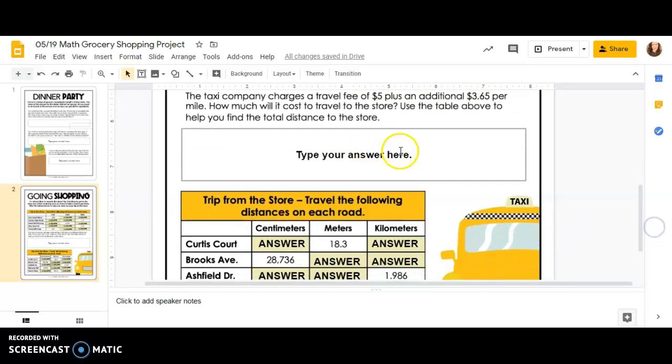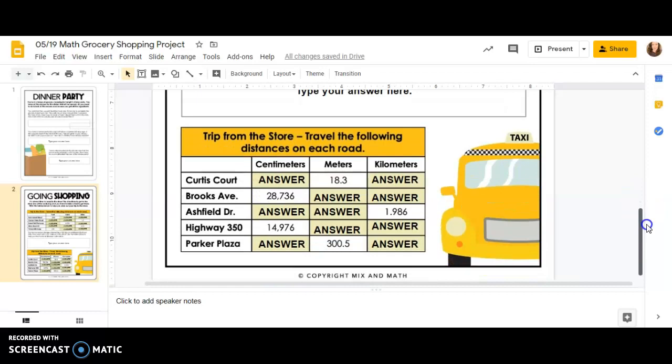And so you'll put your answer in there. And then the trip from the store travels the following distances on each road. And so here are the roads. We have centimeters, meters, and kilometers as our categories. So again, each road will have the numbers there for you, which are, well, not all of them, but some will be in decimal form.